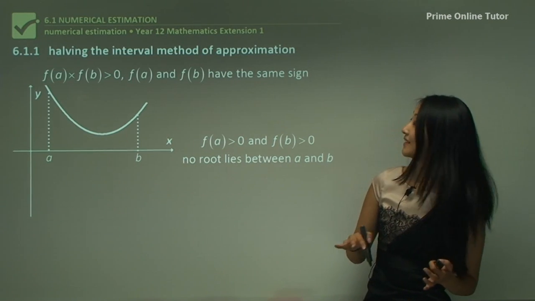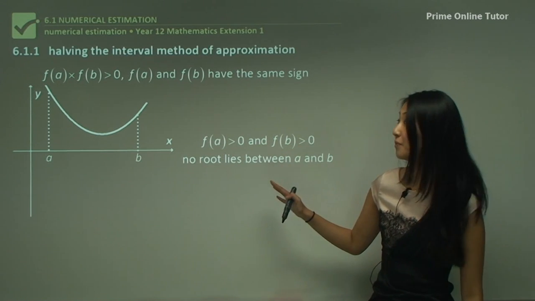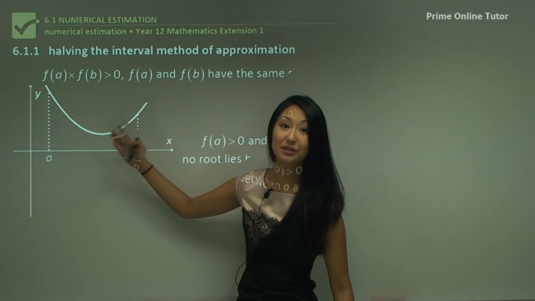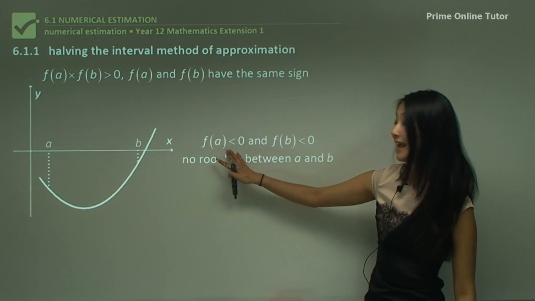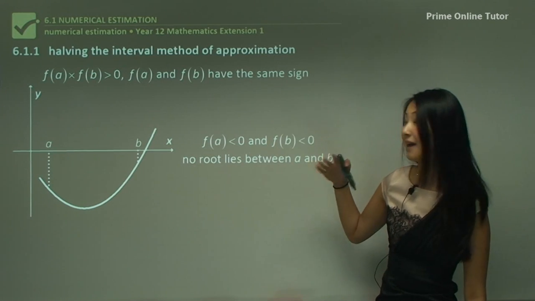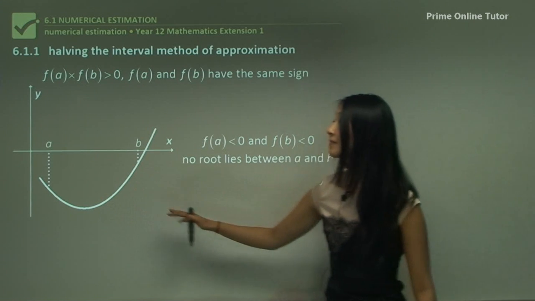In this one, we can see again, A is positive and B is positive, and this is normally what happens. So because they're positive, we're going to say there's no root between them. And similarly here, A is negative and B is negative, so they have the same sign, and because of that, no root is going to be there.